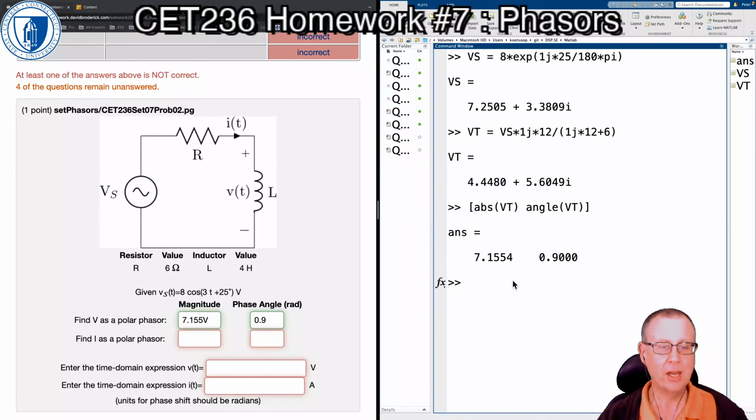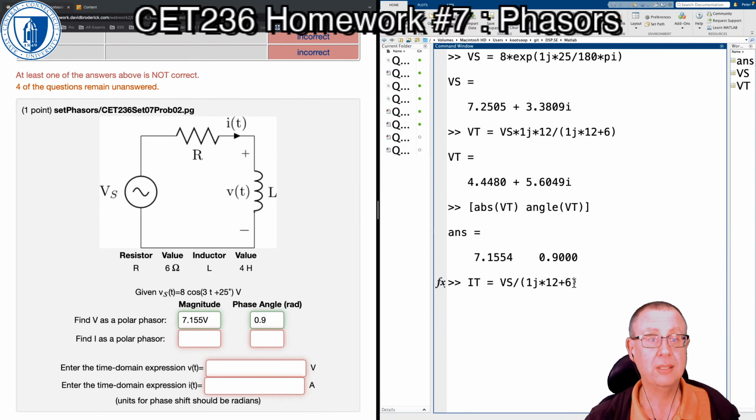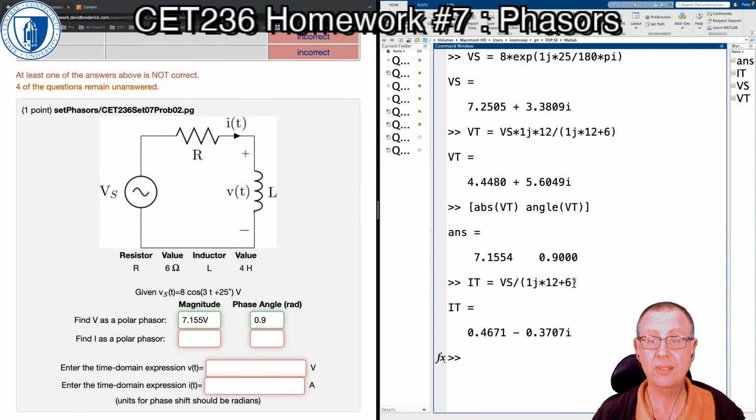And then the current, so IT is going to be Vs divided by the overall impedance, and the overall impedance is just that number there, right? So the impedance of the inductor plus the impedance of the resistor, because they're in series.